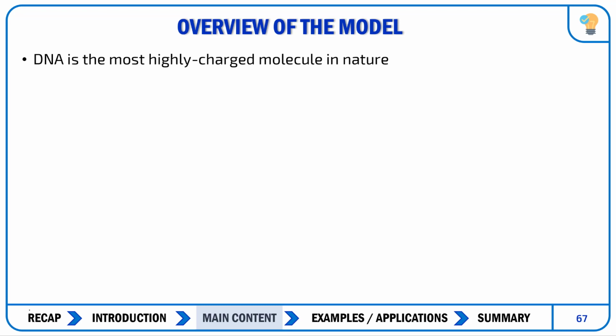So we're going to assume DNA is just one giant charge. The first thing we want to go through is an overview of this model. The way we look at DNA when we're talking about an electrostatic model is that it's the most highly charged molecule in nature. Let's first draw a DNA ladder.